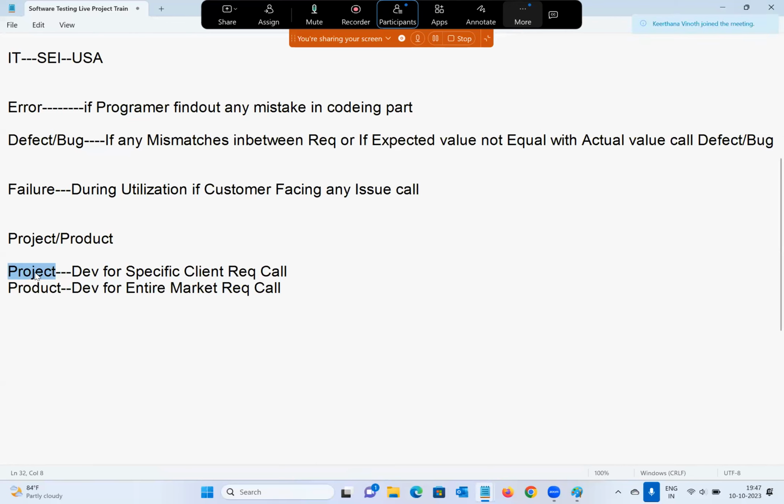Next, product: branded jeans, branded t-shirts, everything comes under product.